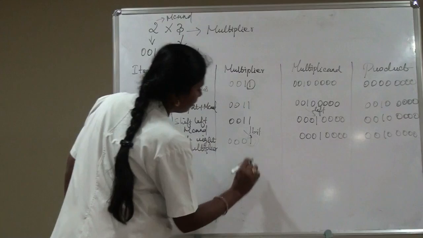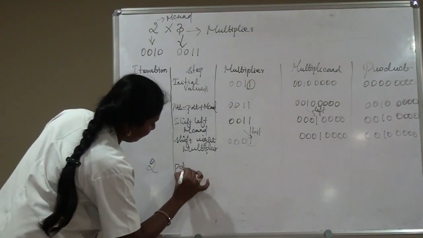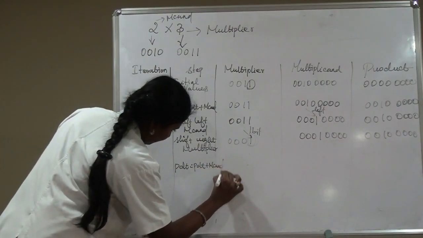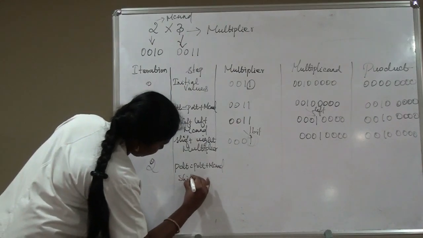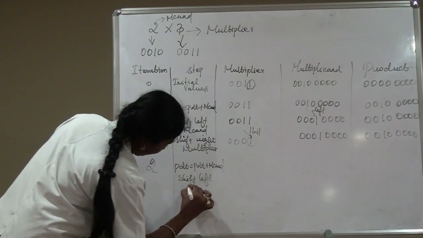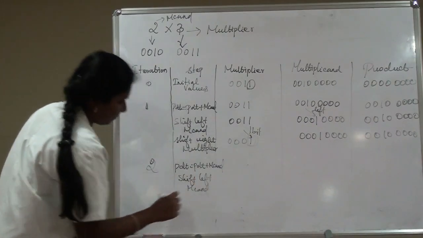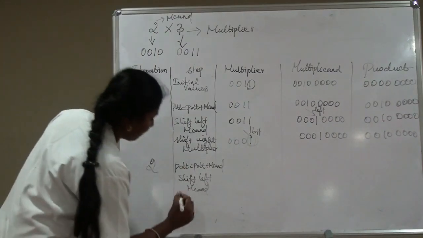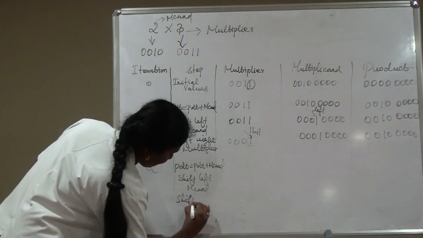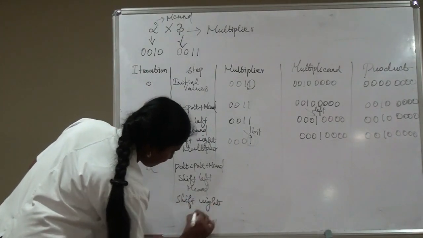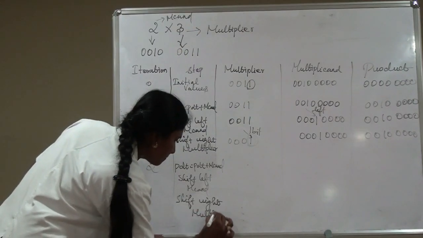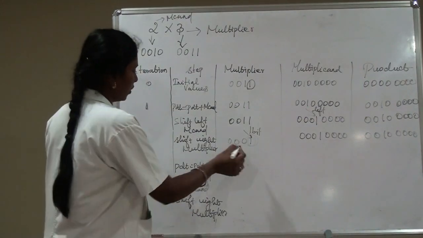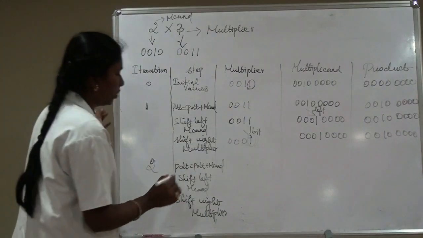Again the multiplier's last bit is 1. Again I have to perform the following operation.